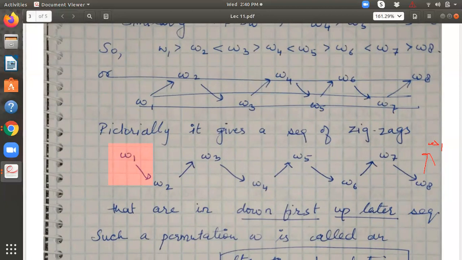If so, what do I get? What is special about them? Can I study them? One such example of an up first and down later sequence would be this: you forget about your W1, start from W2, append W1 at the end, and say that W1 was the largest element.